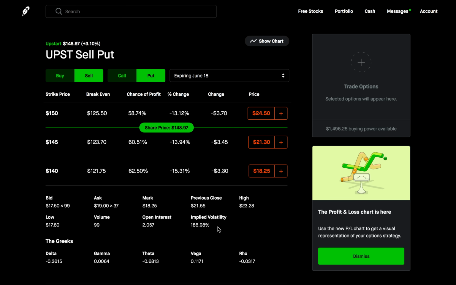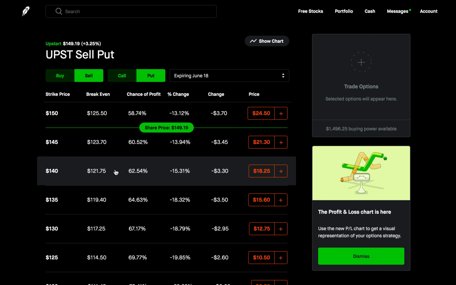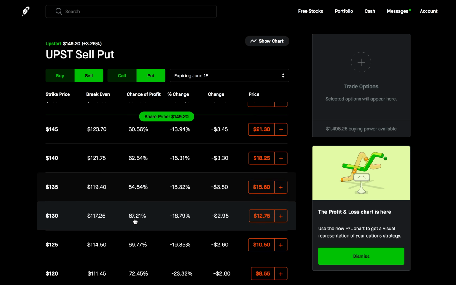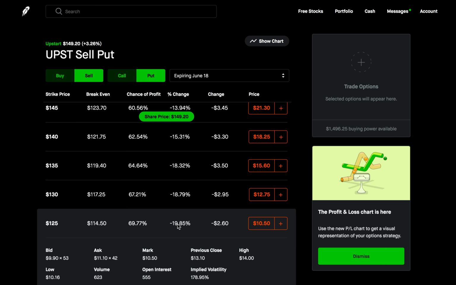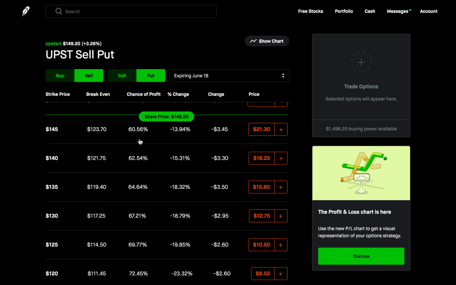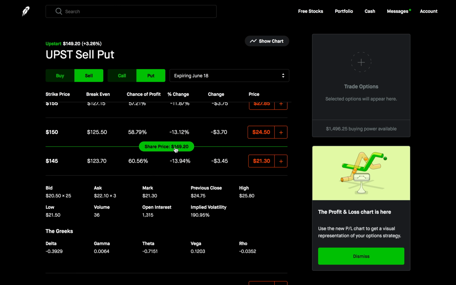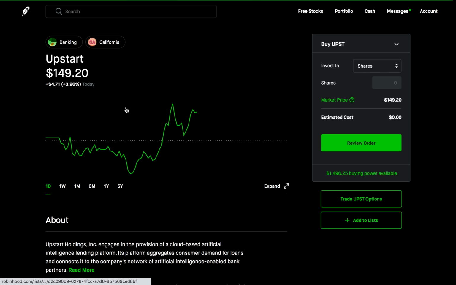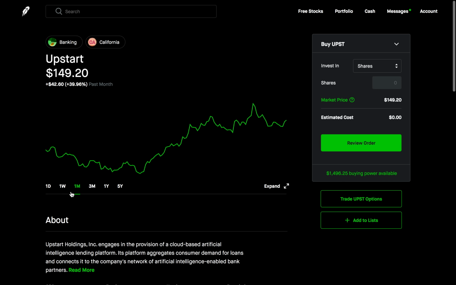on the stock. And remember, when you sell a put or sell a call, you choose what strike you're comfortable buying or selling your options at, right? All of these are going to have some pretty high inflated premiums here. Now, the reason for the IV on Upstart being very high could also be due to the fact that this stock has gone up a ton in the last month. We take a look here, on May 13th, it was at $81.